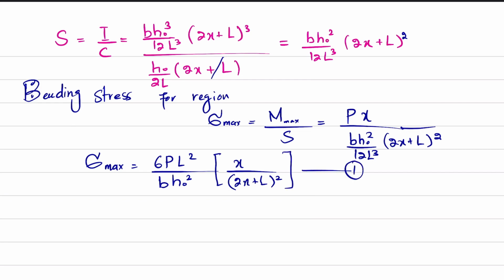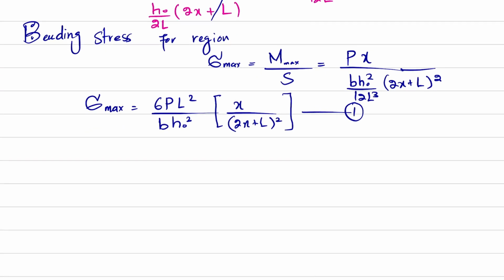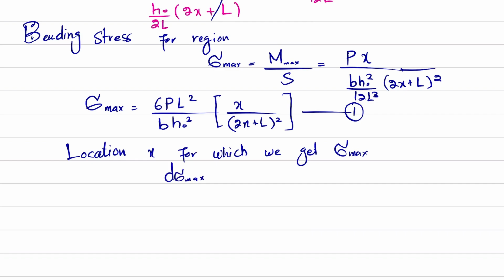If you have the value of x, you can put it and get the maximum bending stress. But we are interested in finding the location where this bending stress is maximum, for which we take sigma max. In order to get this x, we set d sigma max over dx equal to 0.